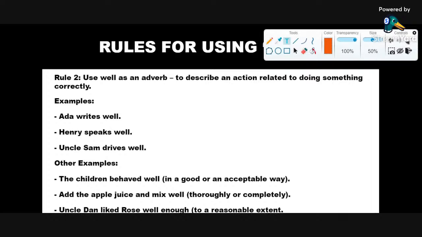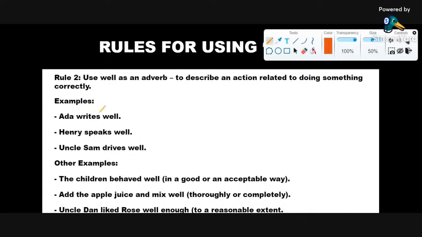Now we want to look at the rules for using well. And in this case, we are looking at the rule we have already hinted at. Use well as an adverb. And when you use well as an adverb, you are using the word to describe an action, precisely an action verb. And then you are referring to the action of doing something correctly. That is what well really means.